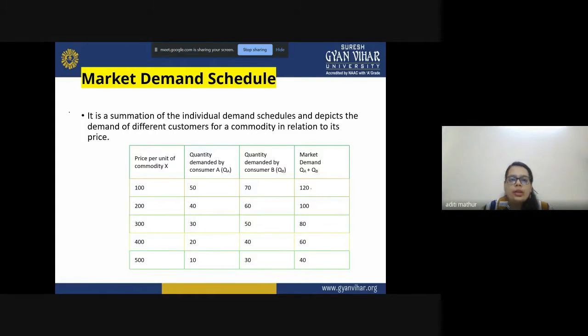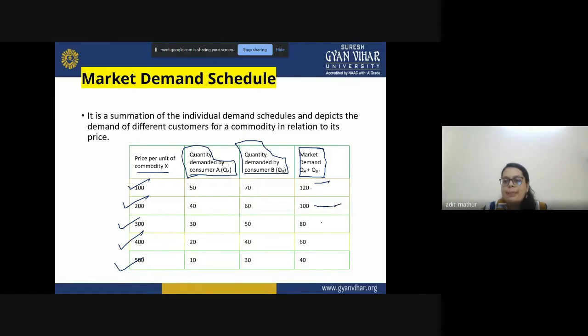In the first column, I'm writing the prices of the commodity. In the second column, we mention the quantity demanded by customer A, then the quantity demanded by customer B, and when we add all the quantities demanded by A and B at the different price levels, it will be referred to as our market demand, right?